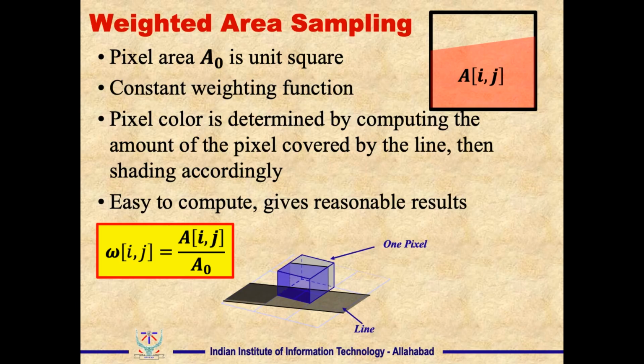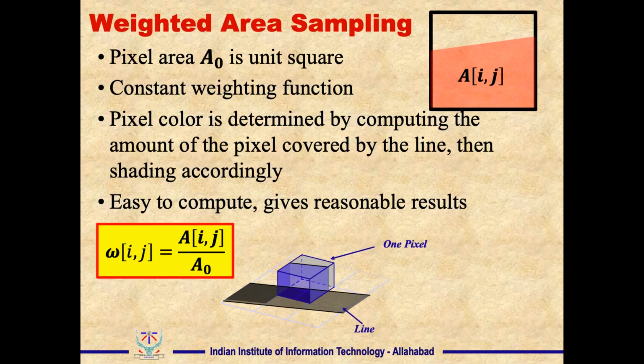Supposing the line is the portion of the pixel shown in red and has an area A of ij, then the weight factor can be defined as omega ij is equal to a ij upon a naught. If a ij is in units of pixel square, then obviously it would be normalized, since a naught is equal to 1 pixel square.